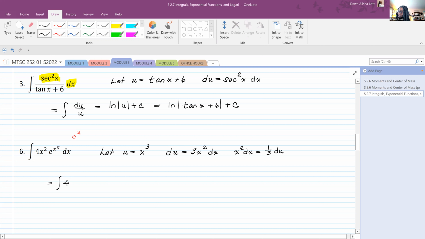My e to the x cubed becomes e to the u. My x squared dx is the only thing left. That's 1/3 du. So this is 4/3 the integral of e to the u du.